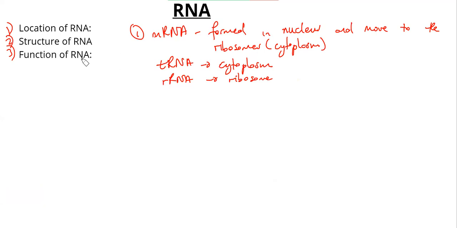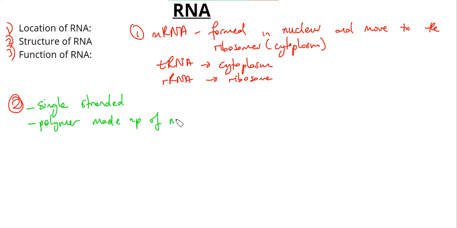Now, what is the structure of the RNA? So let's look at number 2 there. The structure of the RNA is single-stranded, and it is a polymer made up of monomers, nucleotides.